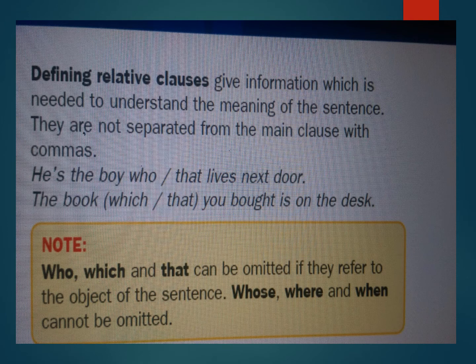I know Ali for a long time. Now, which relative pronoun do you think I will use to join these two sentences together? Should we use where, when, who, or which? Yes?